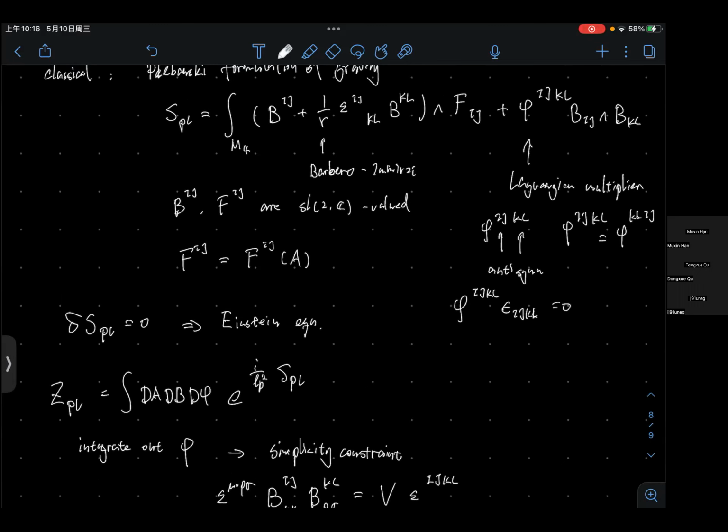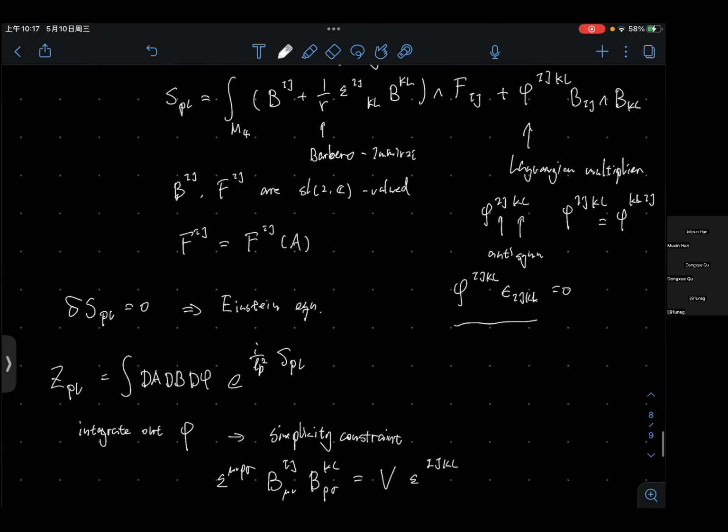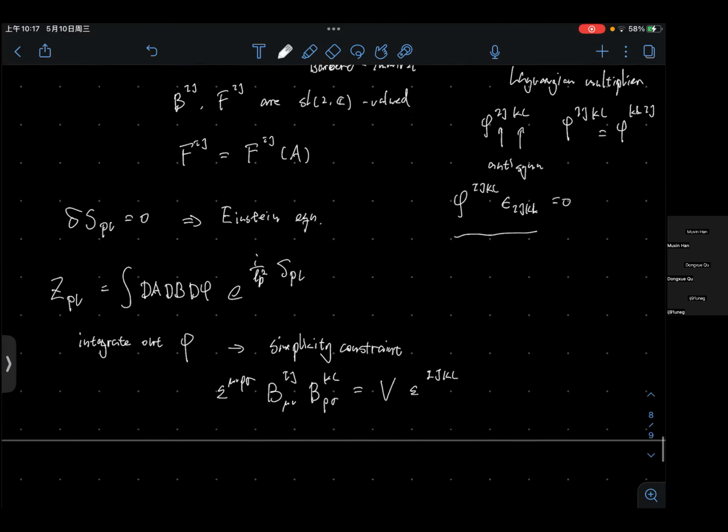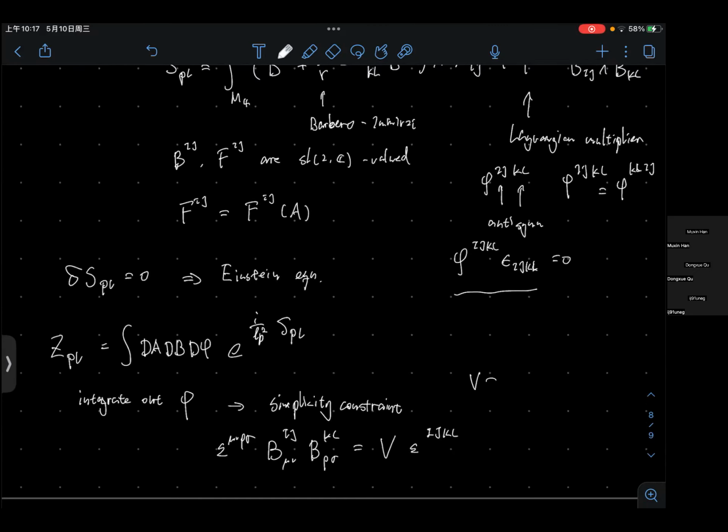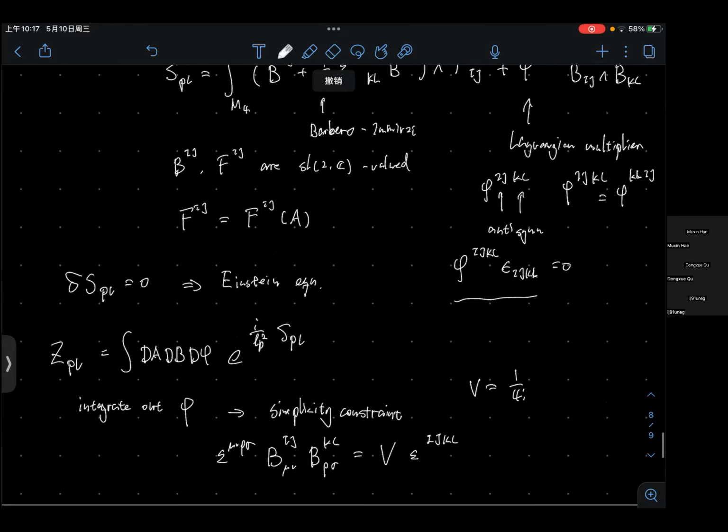You may wonder about that, but because phi satisfies the constraints, what you actually get is that B wedge B is proportional to epsilon, if you take the derivative with respect to phi. So you get this formula, and here V is just a function of B, equal to 1 over 4 factorial times epsilon_{IJKL} B^{IJ} B^{KL}.